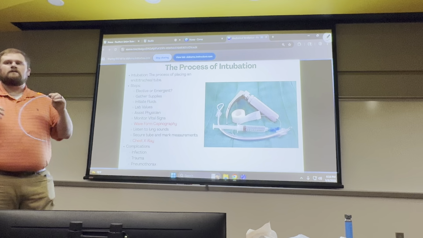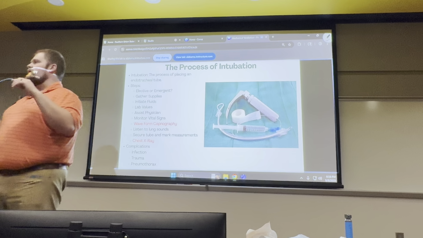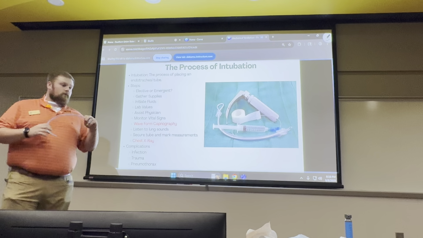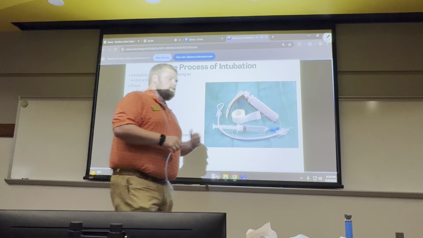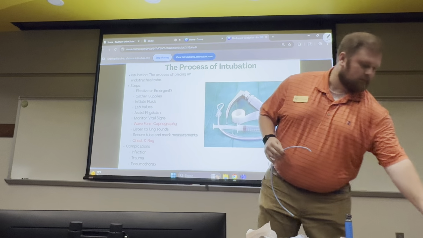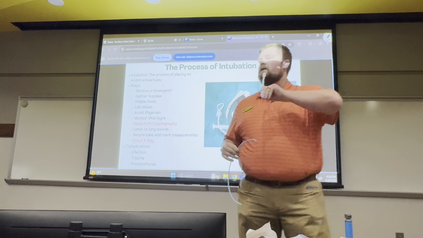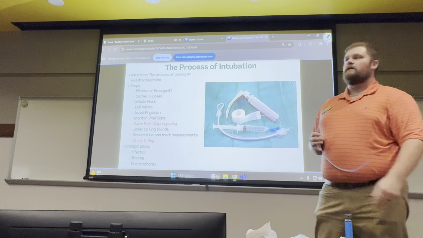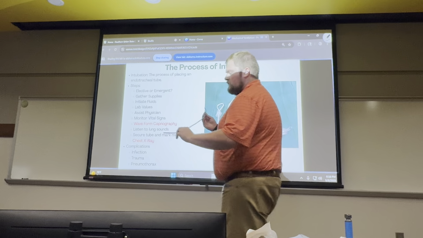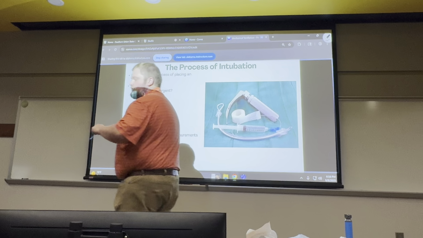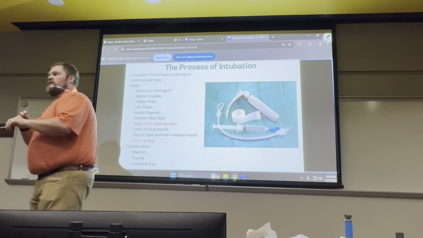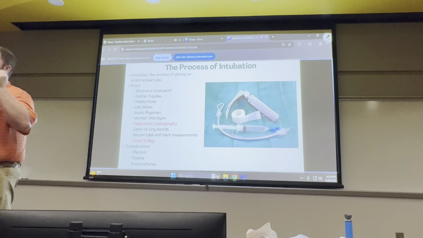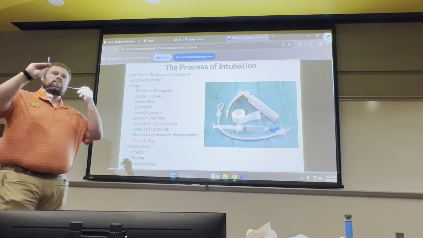If it's a very difficult intubation, it's very hard to see that airway, and they're not able to float this endotracheal tube into the right spot, down like that. Or maybe they have a very narrow airway because they have some type of anaphylactic reaction or some type of bronchial constriction. I can actually use this initially to intubate my patient.